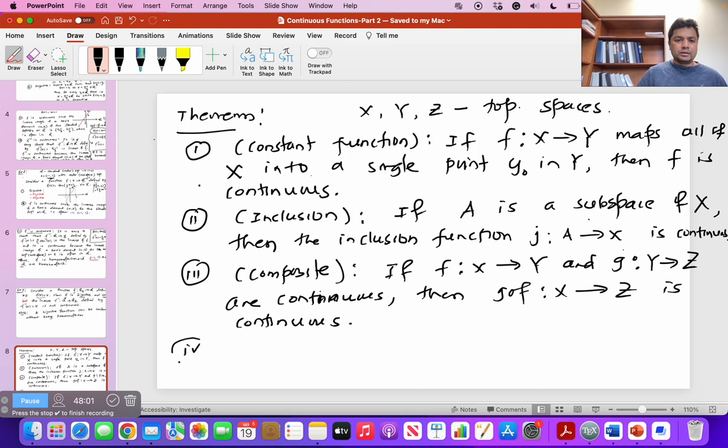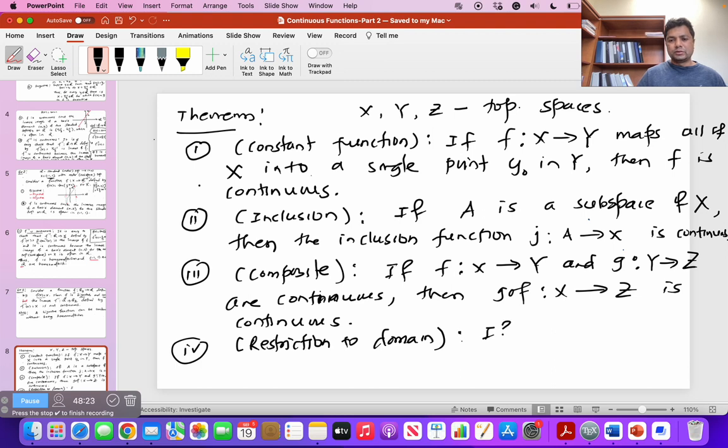Okay, and the last one is restriction of the domain. If you have a continuous function and you restrict its domain, the resulting function is also going to be continuous.